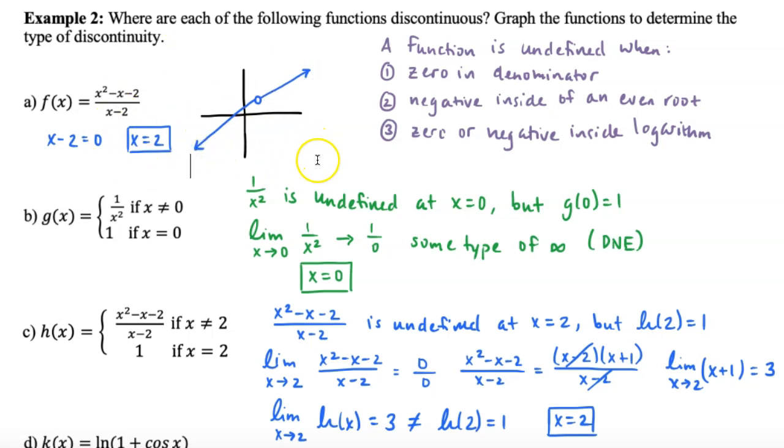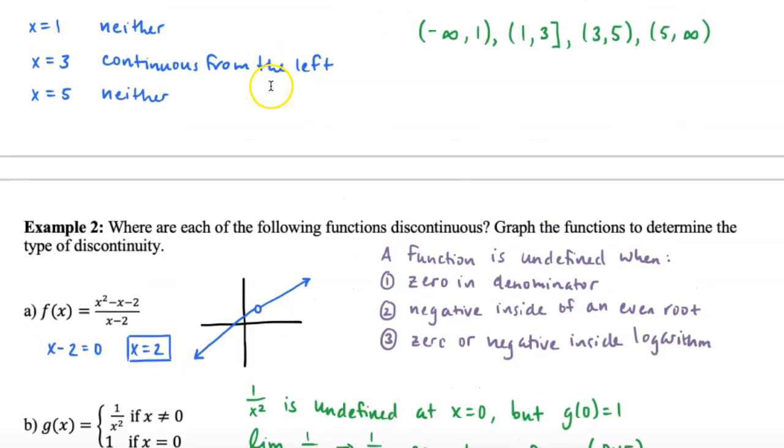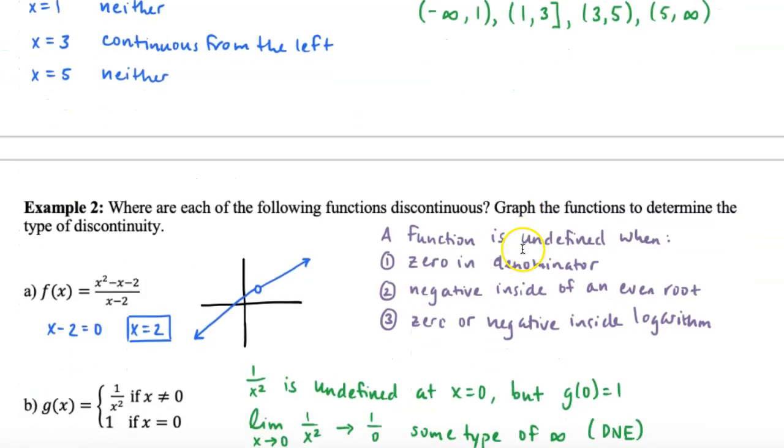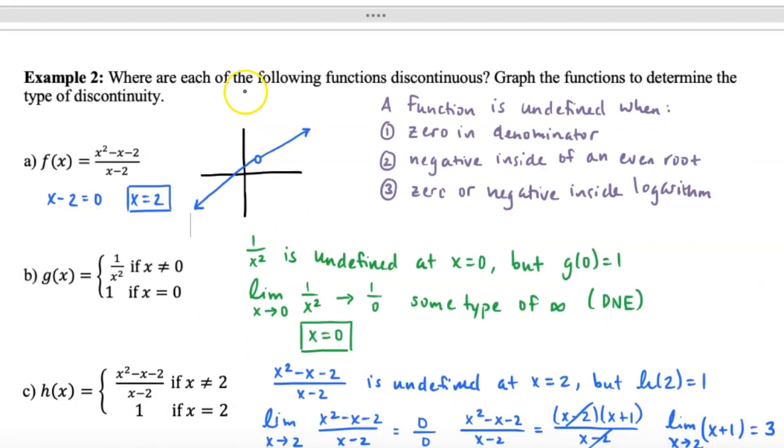So this is the graph of my function. Now, what type of discontinuity is this? Let's look back at my types of discontinuities. I've got removable, where I've just got a hole. I've got jump, where this function is jumping, and then I've got infinite, which means I have an asymptote. Because I've just got a hole, this is a removable discontinuity.